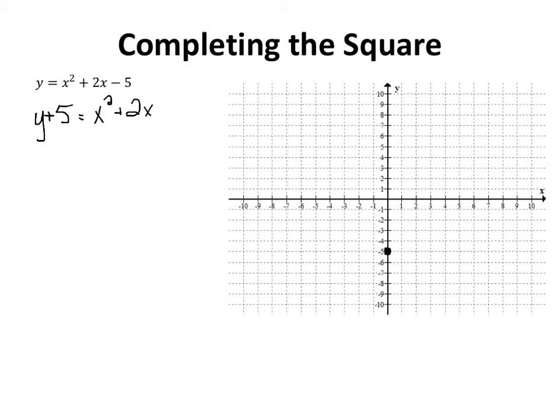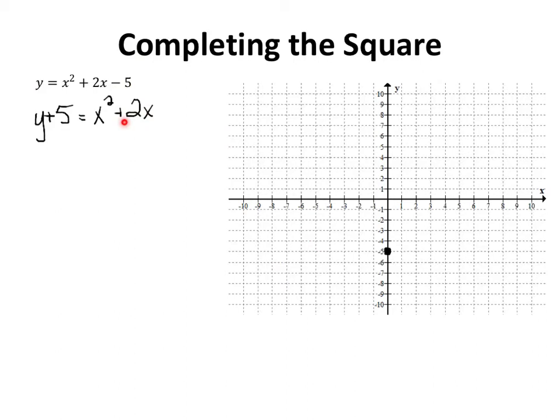Now, in order to complete the square, that means I want the right-hand side to be a perfect square trinomial. What you have to do is take a look at this term, cut it in half, and then square that number. So half of 2 is 1 and 1 squared is 1.